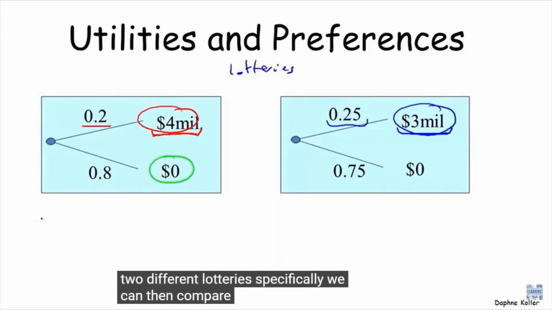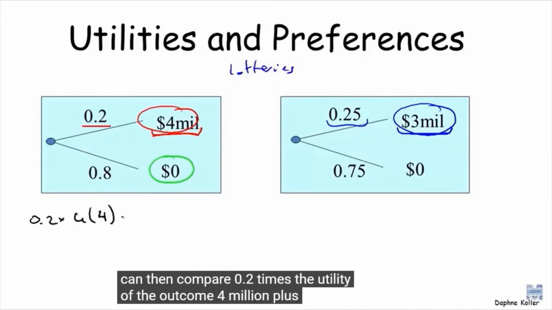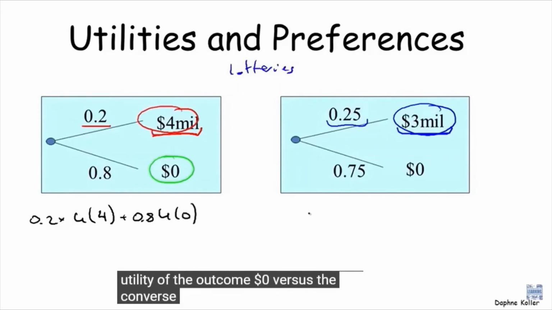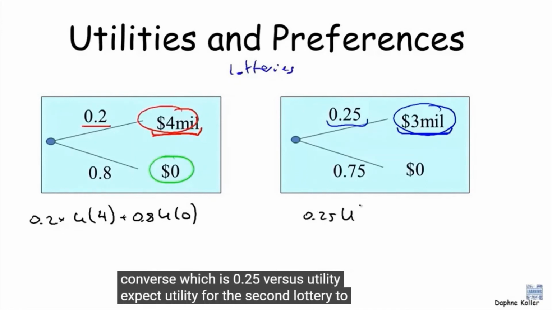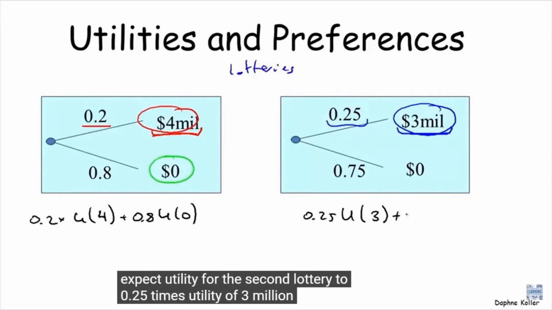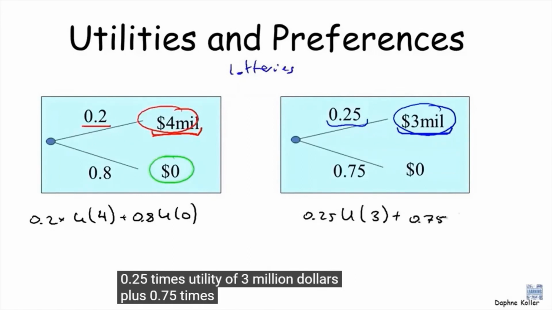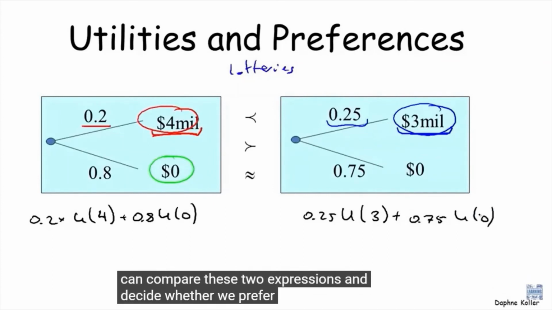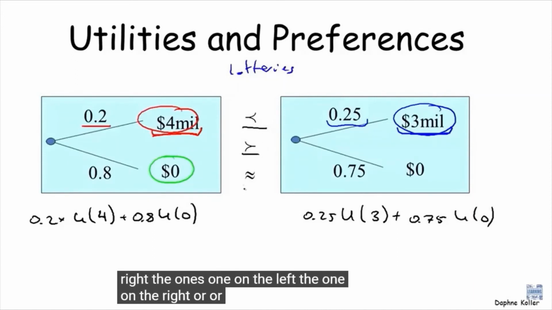Specifically, we can compare 0.2 times the utility of the outcome 4 million plus 0.8 times the utility of the outcome $0, versus the expected utility for the second lottery, which is 0.25 times the utility of $3 million plus 0.75 times the utility of $0. And we can compare these two expressions and decide whether we prefer the one on the left, the one on the right, or they're equally good in our view.